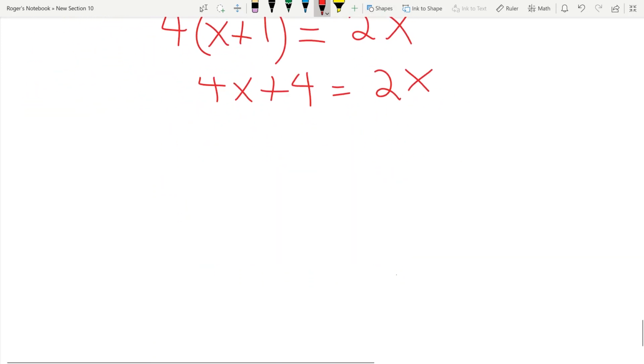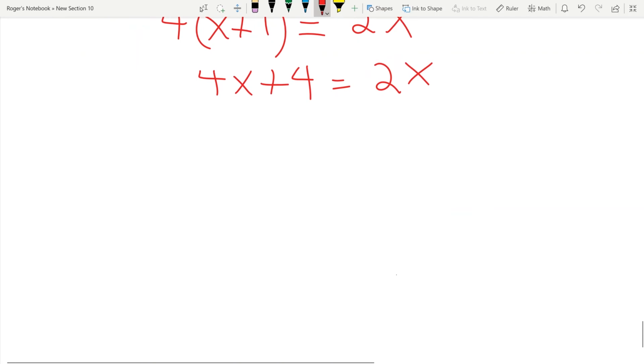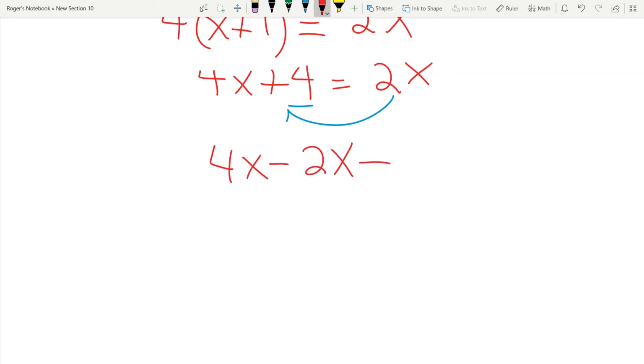We are now going to collect our terms. If we bring the 2x to the left, if we bring this guy over here like this, what will we have? We will have 4x minus 2x plus 4 equals, what's left over there? 0 is left because we took the 2x away. And then we will take the 4 to the other side.